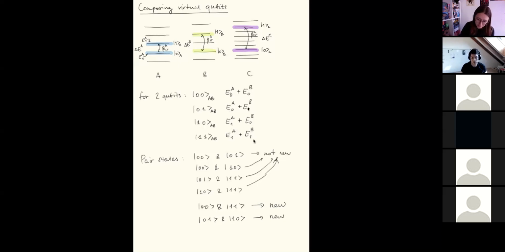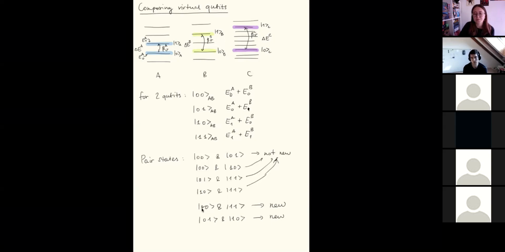And so the one thing that you can notice about how these pairs of virtual states which give rise to new virtual qubits are constructed is that they are different. If you see the state as a bit string, then each bit in the state which is paired, for example the 0, 0 state, is different.